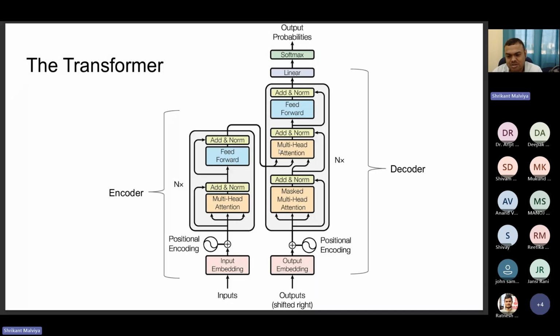The decoding node is very much the same, but it has two multi-head attentions. Why two? Because one multi-head attention needs to be masked: when we generate the third word in the sequence, it will use the two previous words. It will have that information, but it should not look at the fourth, fifth or sixth word. It should not look at future words, so all the future words in the sequence have to be masked out.